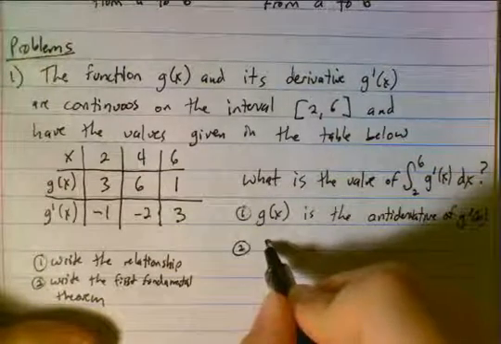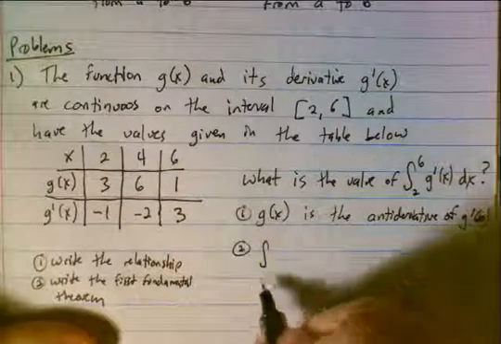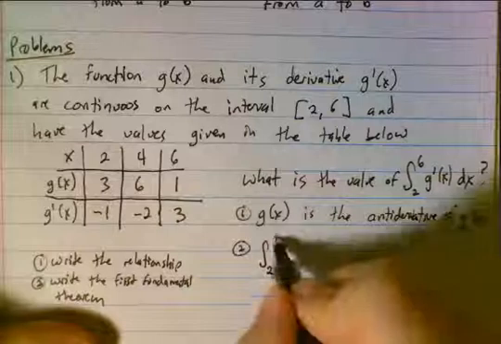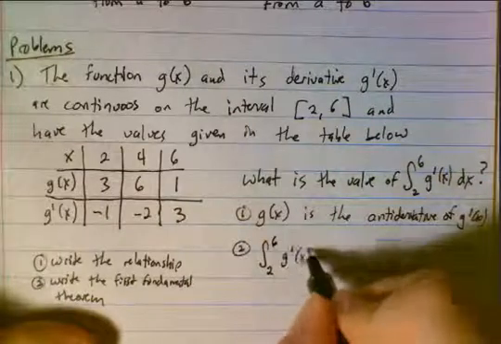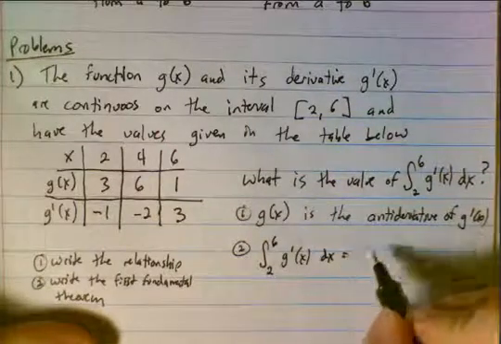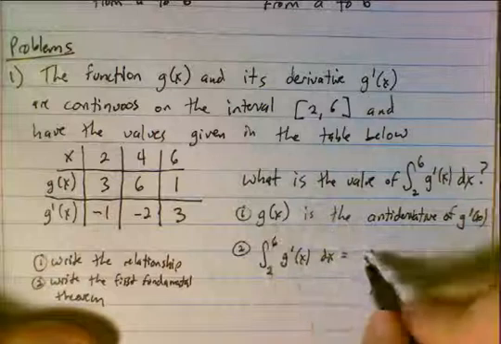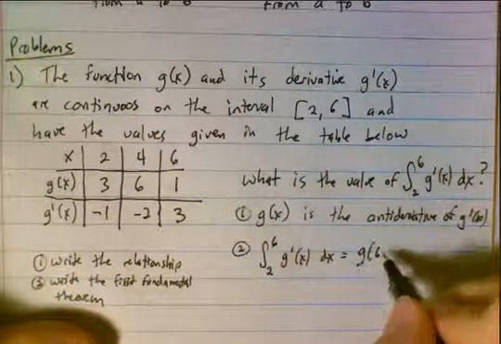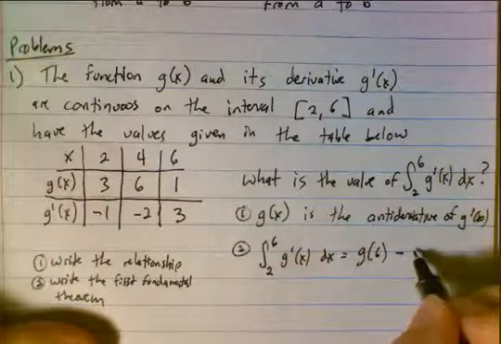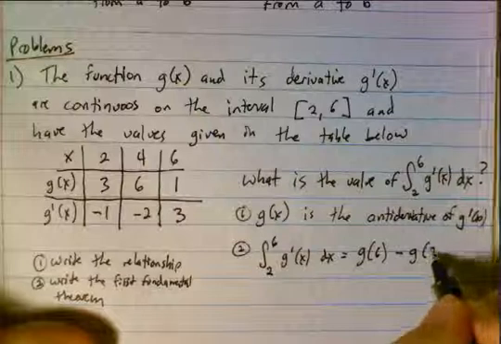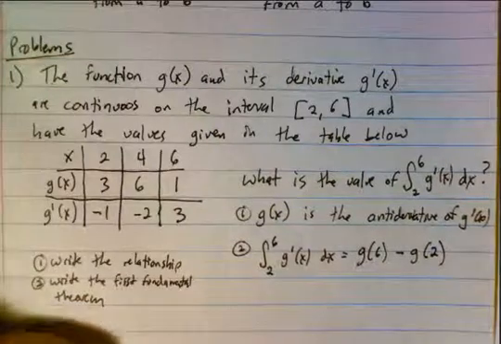So right here, the integral from 2 to 6 of g prime of x dx is going to be the antiderivative of 6 minus the antiderivative of 2.